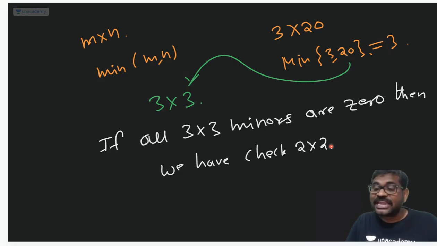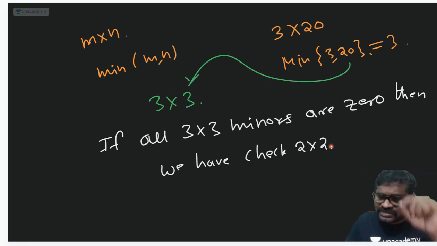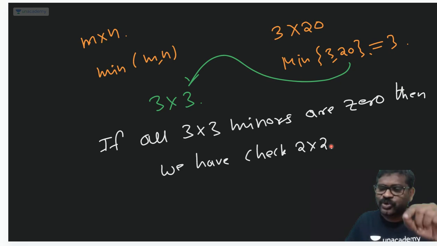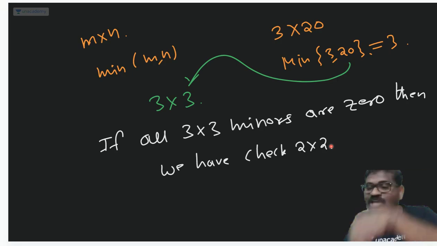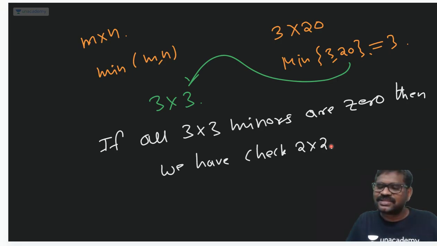Otherwise, if at least one 3 cross 3 is non-zero, the rank would be 3. Catch my point? Suppose at least one 2 cross 2 is non-zero, the rank would be 2. Suppose all 2 cross 2 are also 0, then the rank would be 1. Like that.